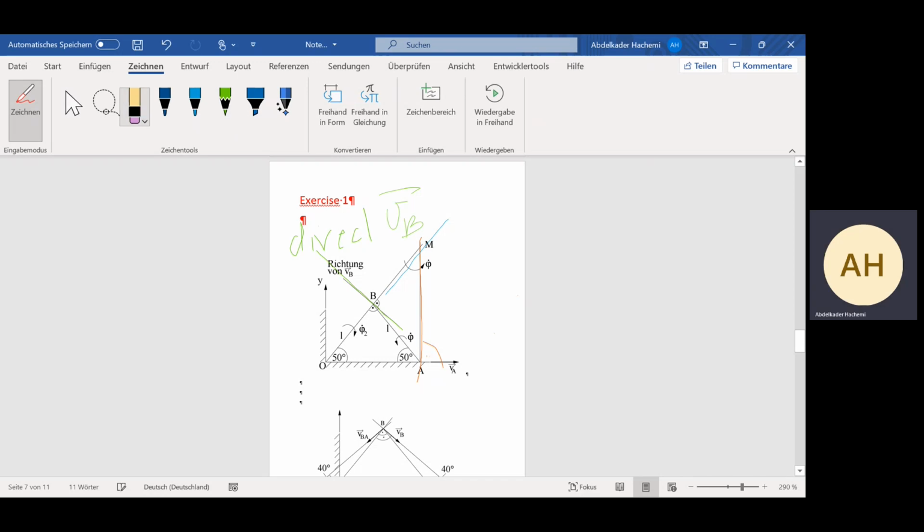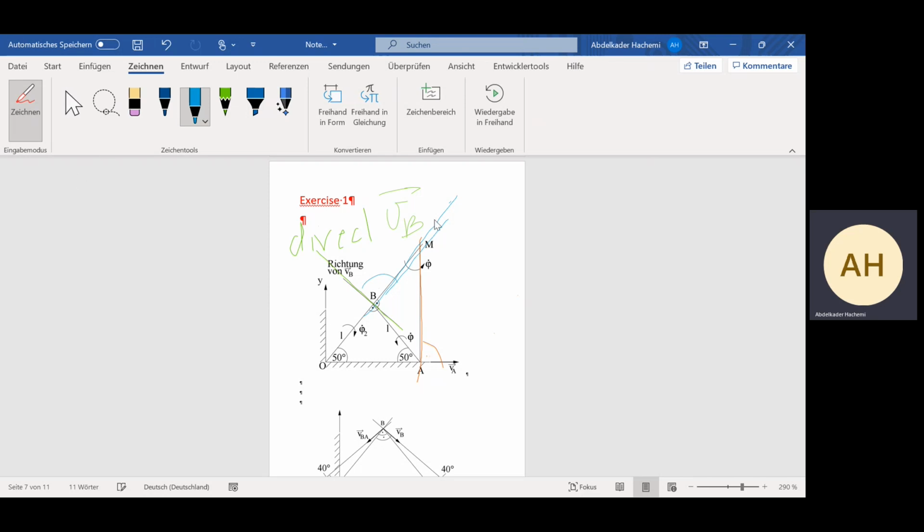I have to erase this line. We have this direction VB, and this is perpendicular.